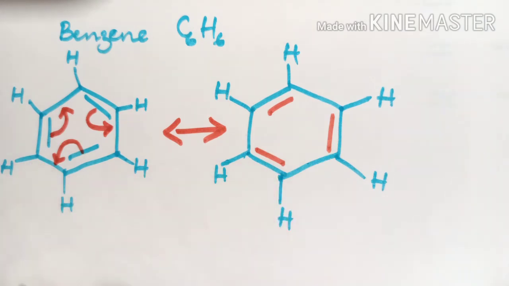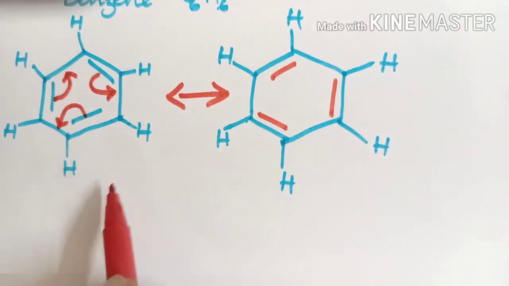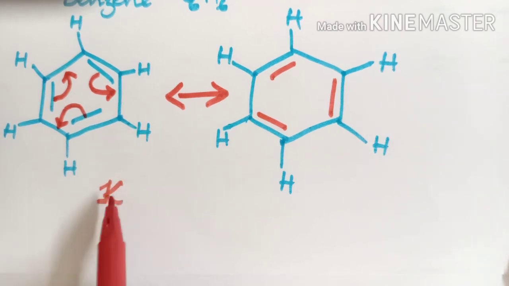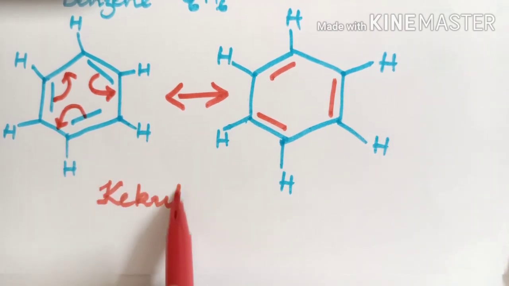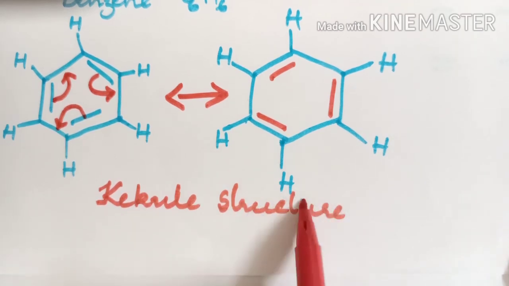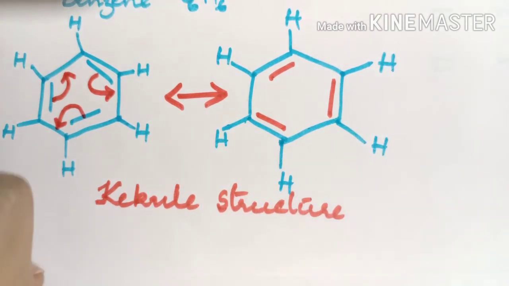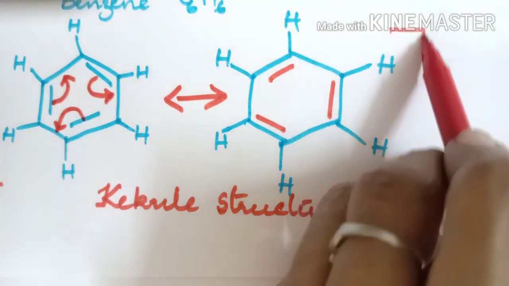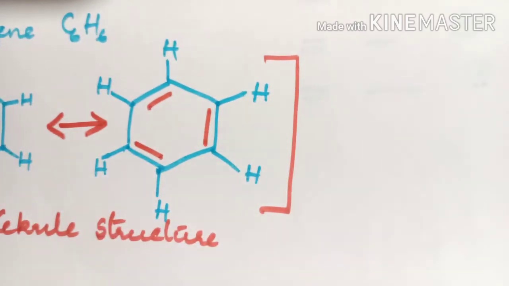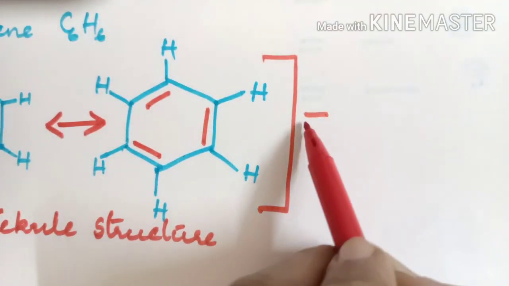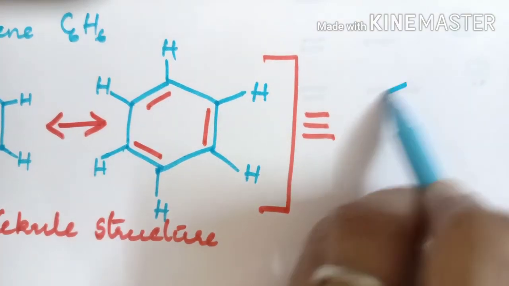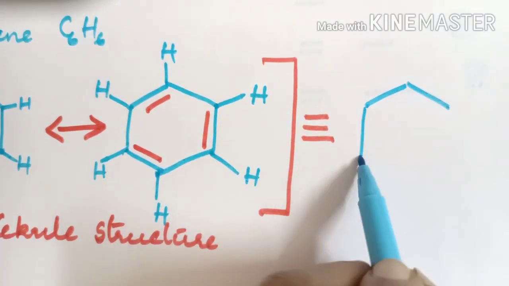So these two structures are known as the canonical forms of benzene, which are also known as Kekulé structures of benzene. The actual structure of benzene is a resonance hybrid of these two Kekulé structures. The resonance hybrid is better represented by using a delocalized ring in between.